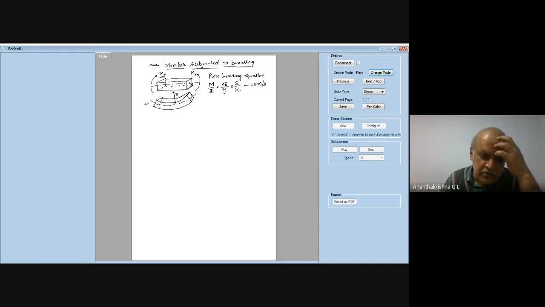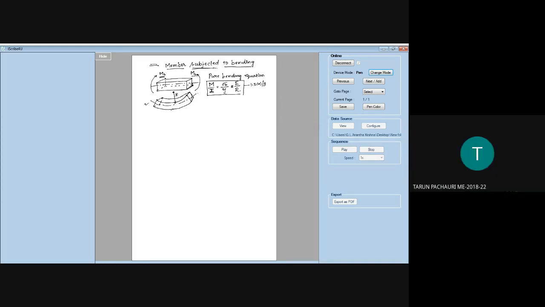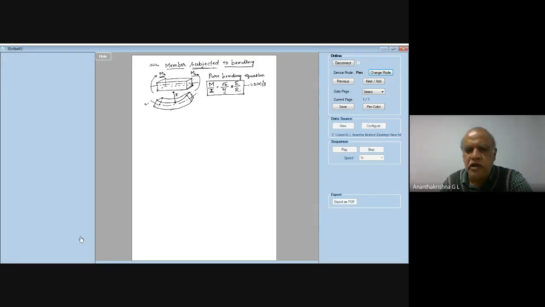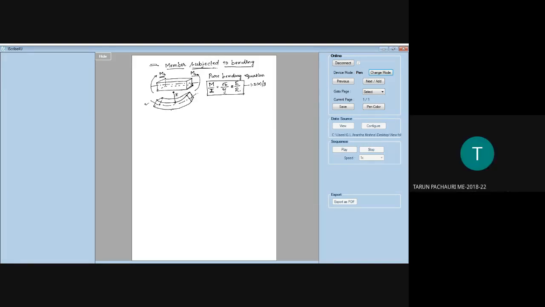We have learnt this in our mechanics of materials. What does the M stand for? Anybody? Any idea? Do you know that there exists an equation like this? Tarun, Chinmay, do you know there exists an equation of this sort? Yes, and it's a bending.